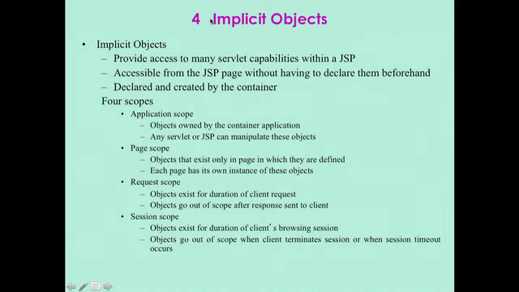So this concept of implicit objects is how Java provides access to many servlet capabilities within the JSP without the necessity of doing the stuff that we were doing in servlets, so without having to declare them beforehand, as I explained.